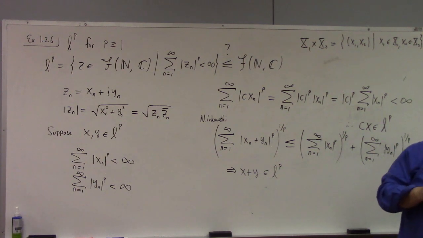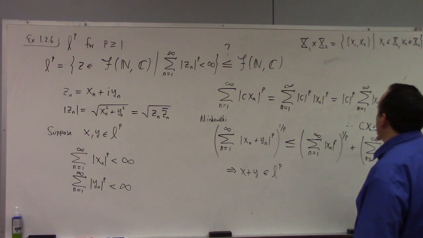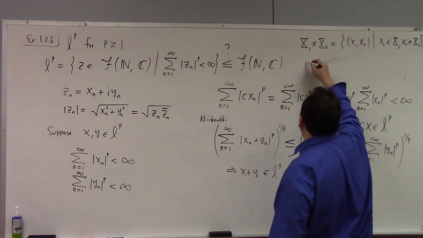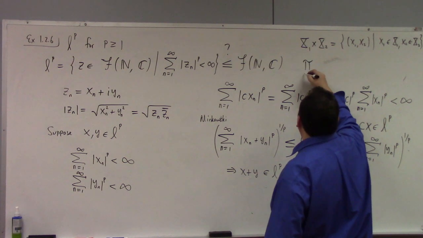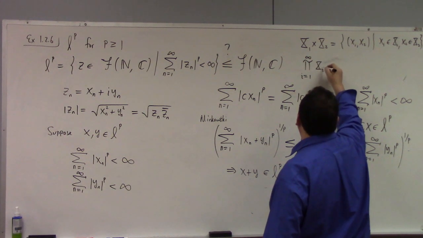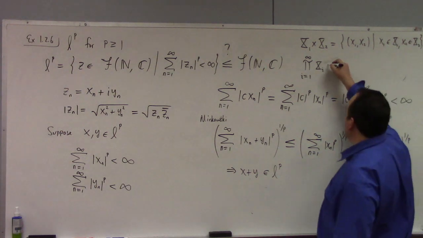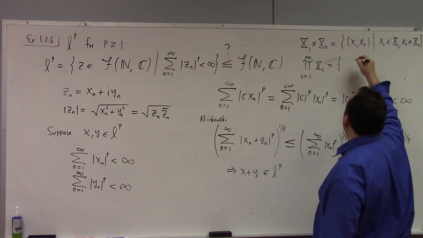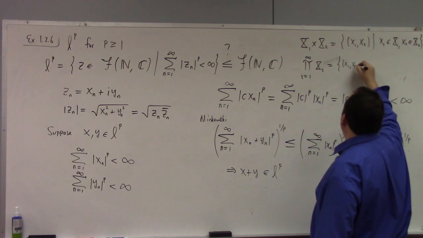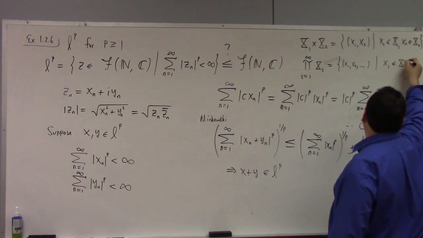But he does take it to another level. For one thing, you could talk about an infinite Cartesian product, say i equals 1 to infinity of X sub i. He gives a formal definition for that. That would be things like (x1, x2, ...) such that x sub i is an element of X sub i.